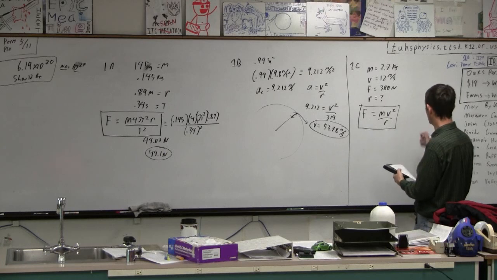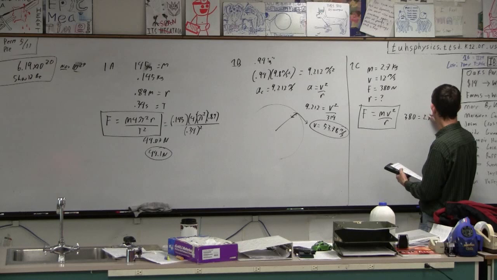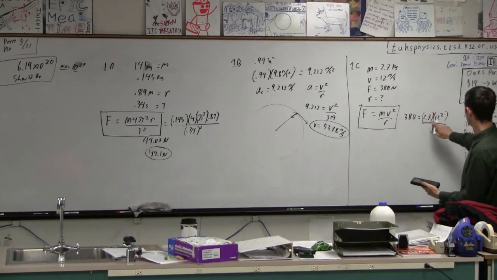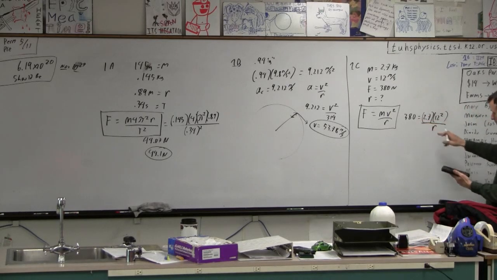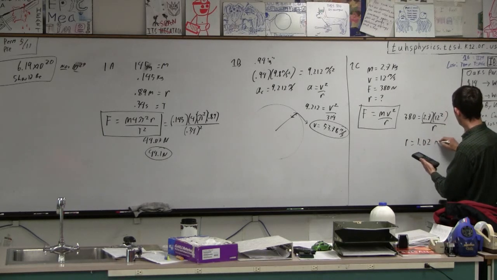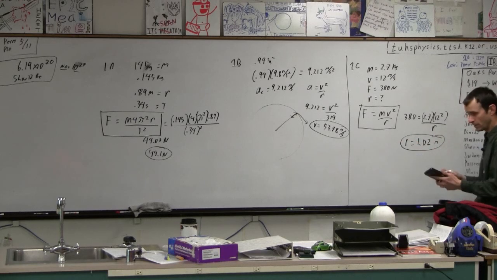So I can just plug numbers in. 380 equals 2.7 times 12 squared over the radius. The radius is just going to be this times this divided by this, so 2.7 times 12 squared divided by 380, and I'm getting a radius of 1.02 meters for that.